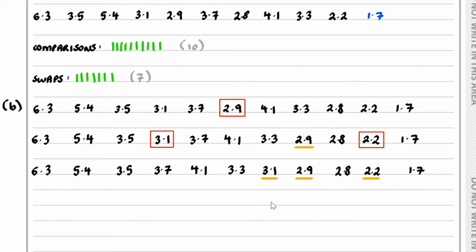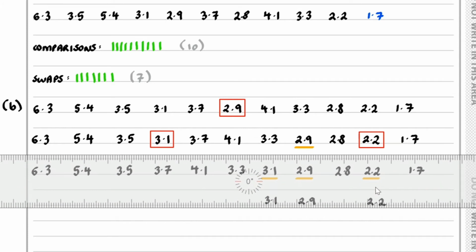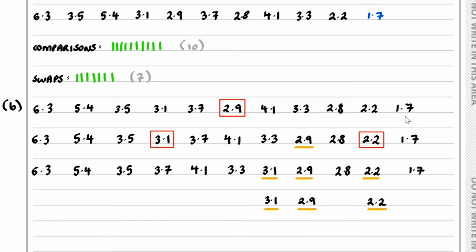So nothing is happening with the 3.1, the 2.9 and the 2.2. So we can underline these because we've already used these as pivots, and the 2.8 will stay where it is, so will the 1.7.